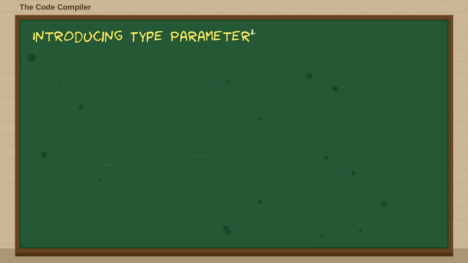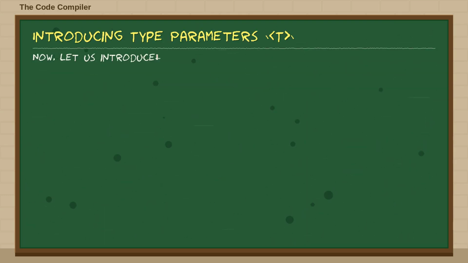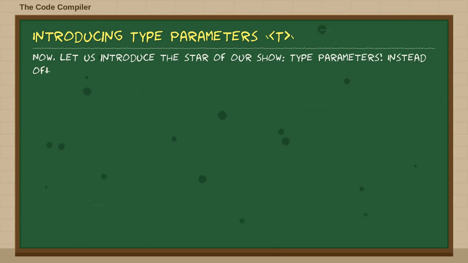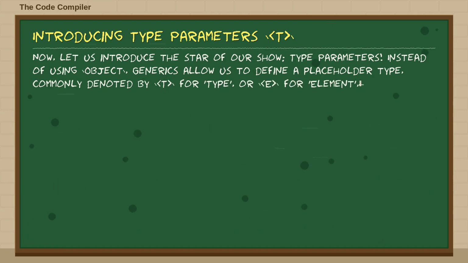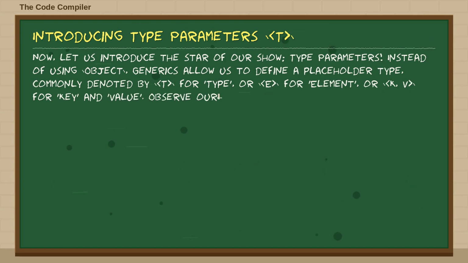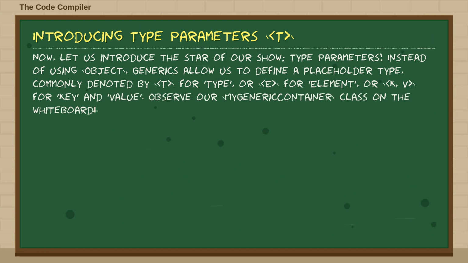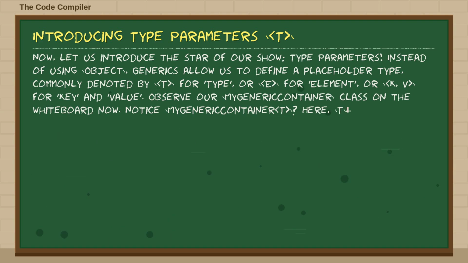Now, let us introduce the star of our show, type parameters. Instead of using Object, generics allow us to define a placeholder type, commonly denoted by T for type, or E for element, or K, V for key and value. Observe our MyGenericContainer class on the whiteboard now.